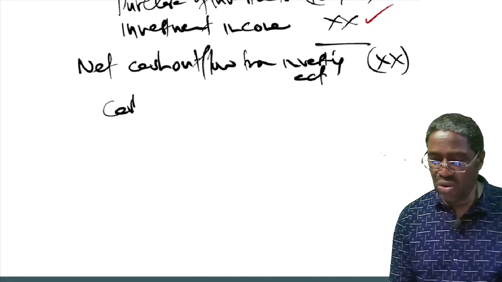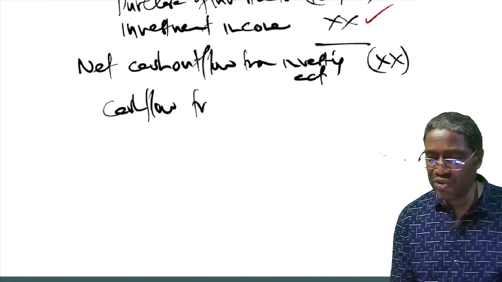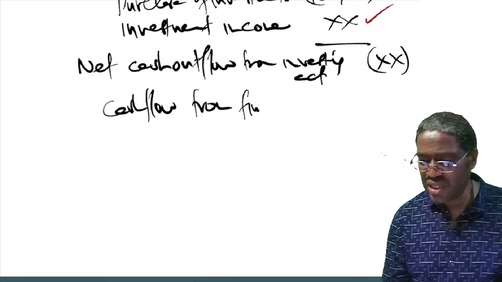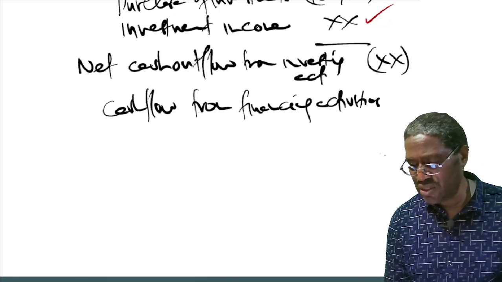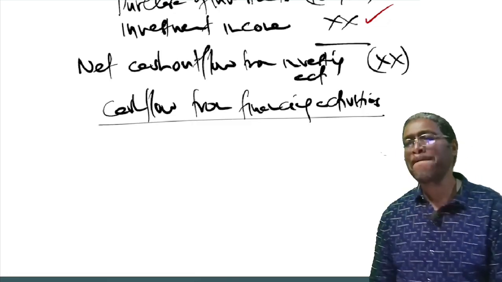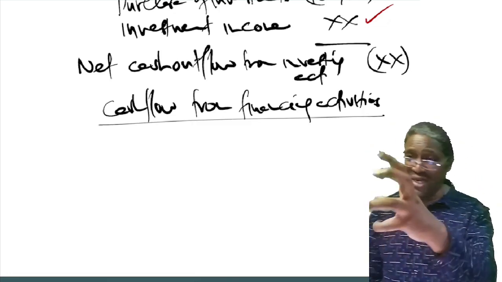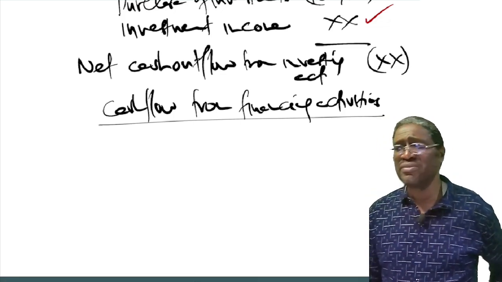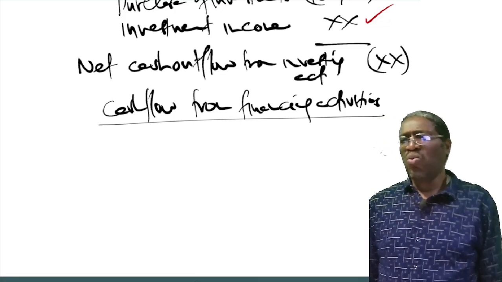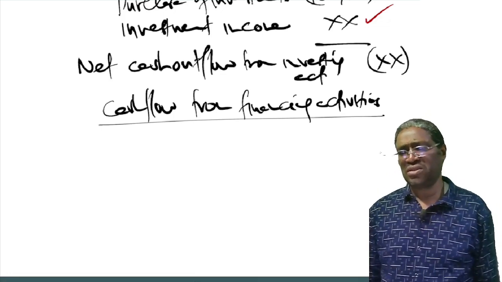Then from there, you now go to the last category of the cash flows. That's what we call cash flows from financing activities. Then you will identify the financing activities. Before we identify them, we need to ask ourselves, what are financing activities?